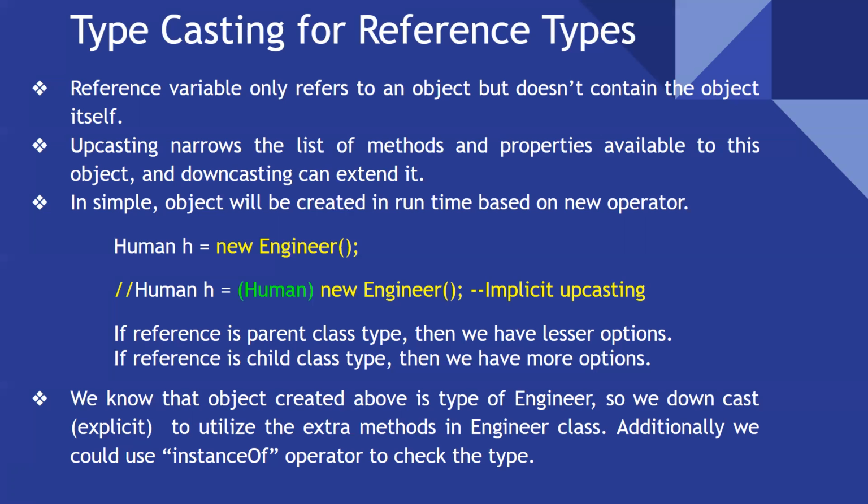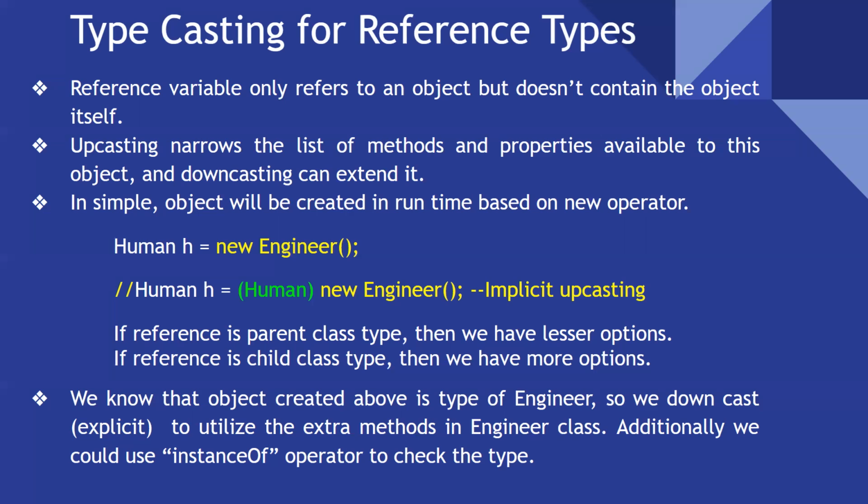So you will have very few methods and properties. If you have the child class reference directly, you can do that. But now the question arises: if I have the child class with enough methods and properties, including the parent class methods and properties, why do I need to mention the parent class reference here?